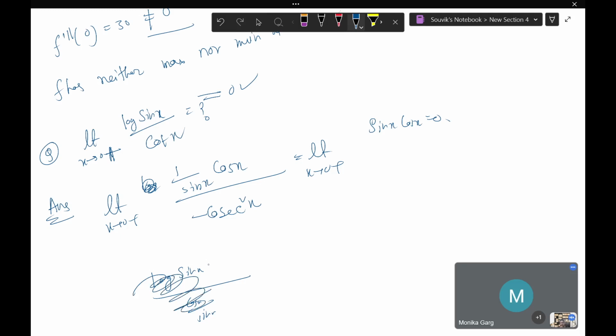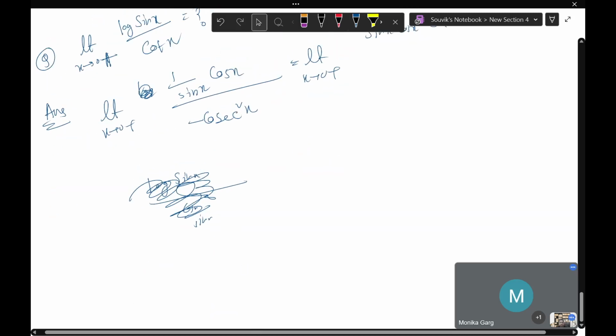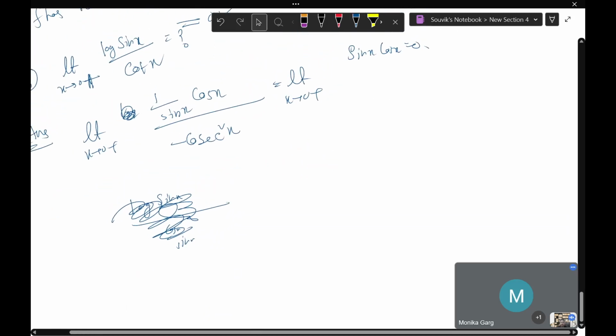No, without it is actually not possible. By expanding log sin x, yeah, in that way, yes. Okay, so it's a good idea. In that way, it is possible.